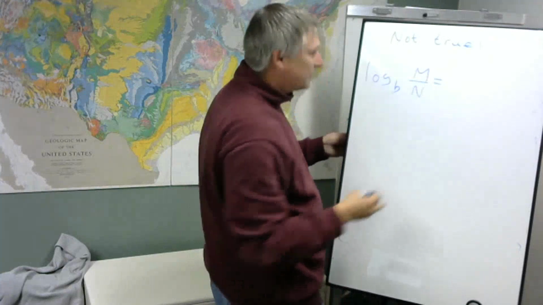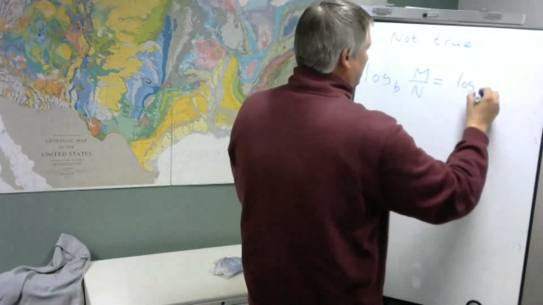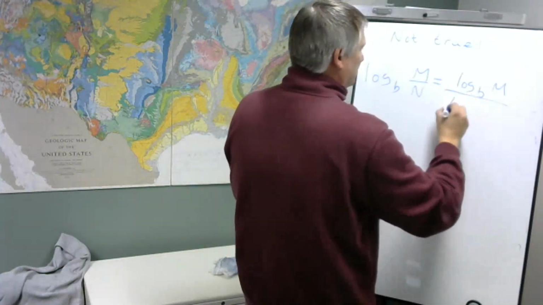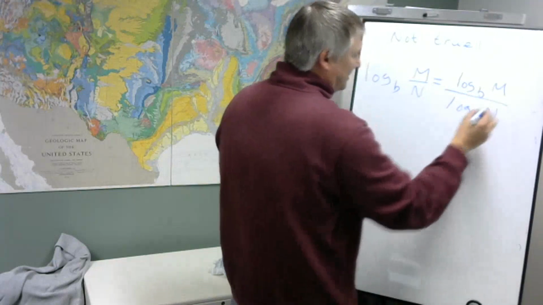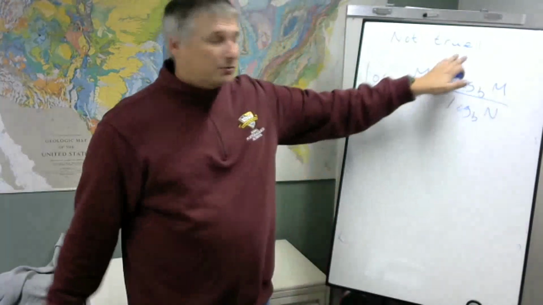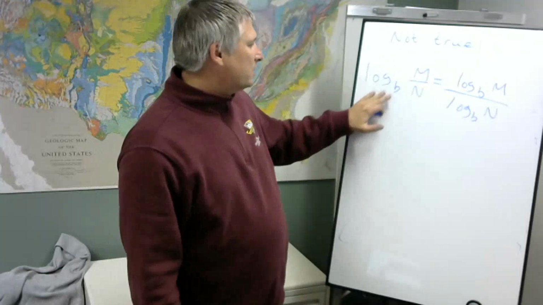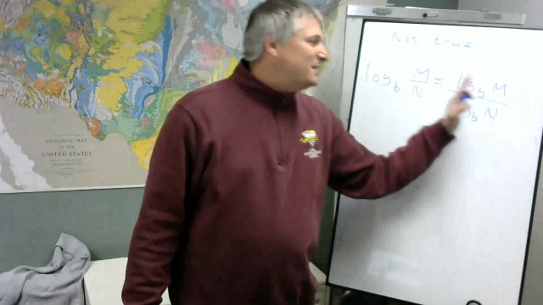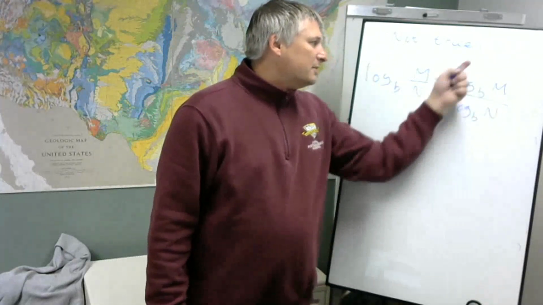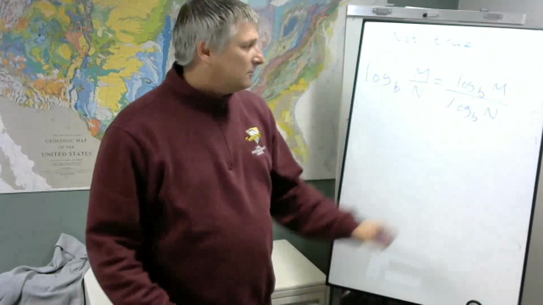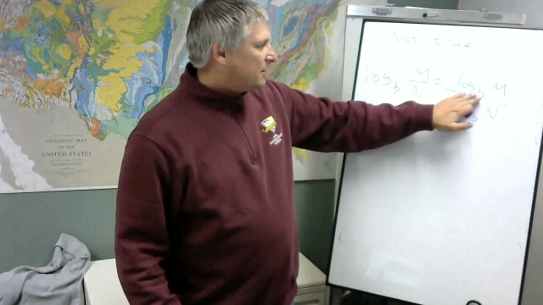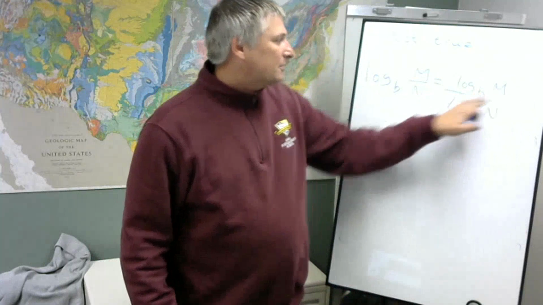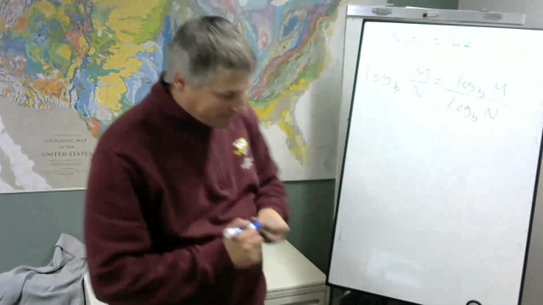This isn't true either: log base b of m over log base b of n. This is not true. Remember, when you have the log of a division, it's the difference of logs, not the division of logs. You'd have log base b m minus log base b n.